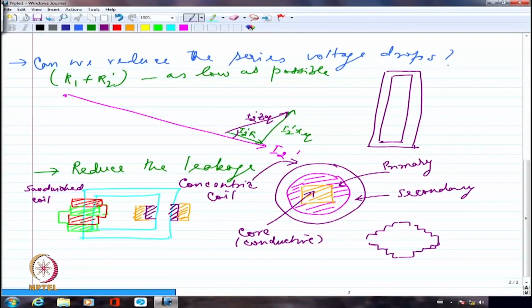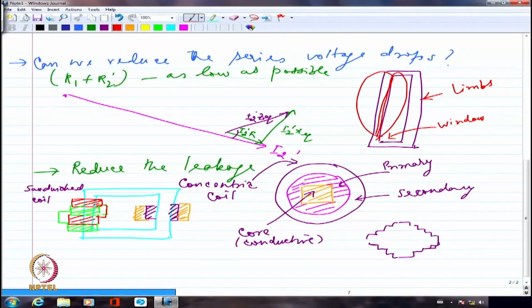This is how we make the air path really become longer. This is the air path. If a flux has a path like this, it is going through the window. So we call this the window, and these are limbs. Limbs of the core and window of the core.